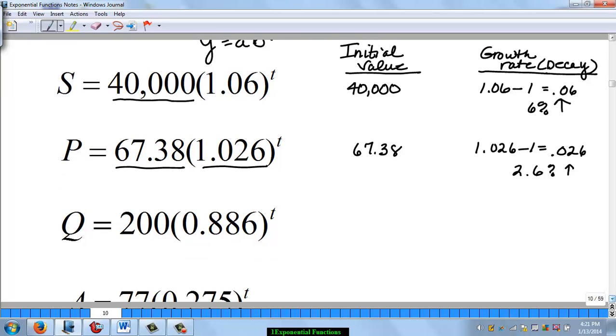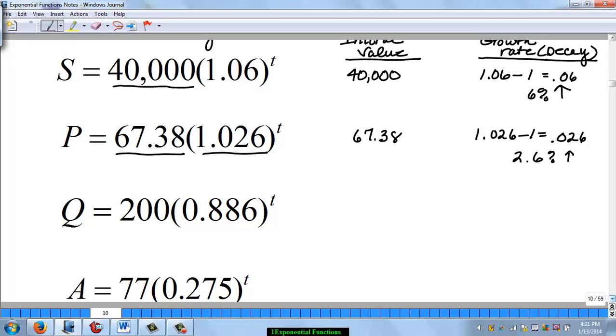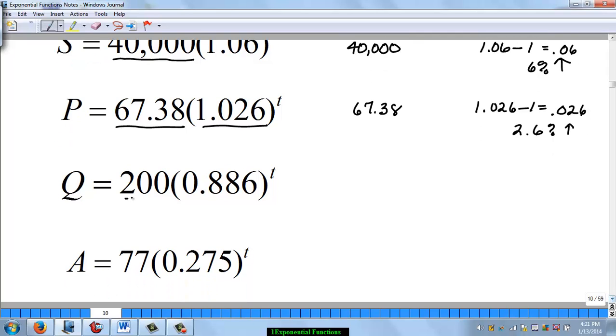Now, here are the ones that are a little bit tricky for people. So this one, my initial value is easy, that's 200. And the initial value of this one's 77. So that part is easy. But if you have something less than 1, instead of taking that minus 1, you're going to say 1 minus 0.886. All right?